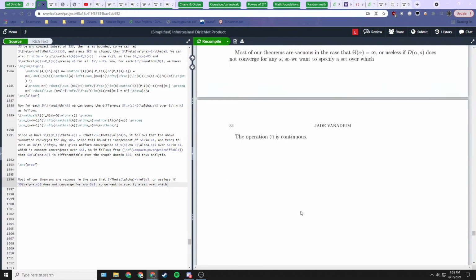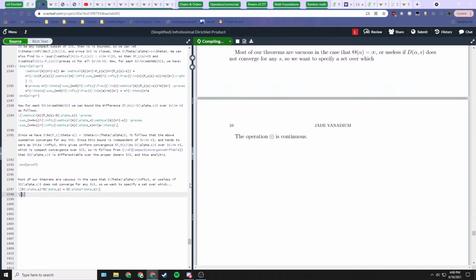Okay, so here's the problem. I'll just show it to you. So we want to prove a theorem, which is that if we have d alpha s times d beta s, where alpha and beta both have finite theta values, then this is going to be d of alpha beta s, actually alpha star beta s. Here's where this is kind of tricky.